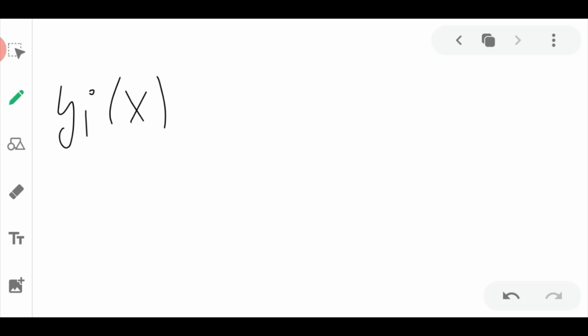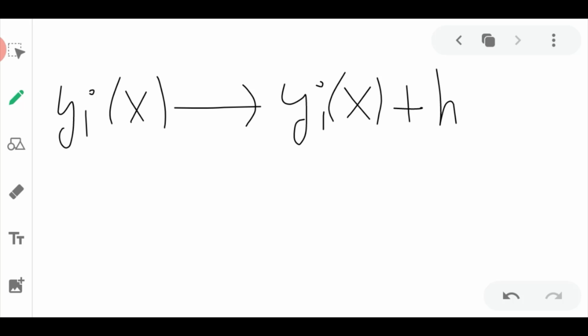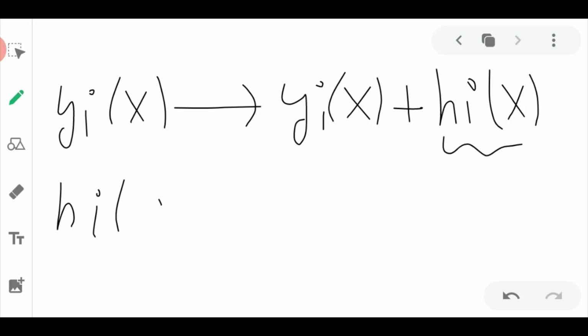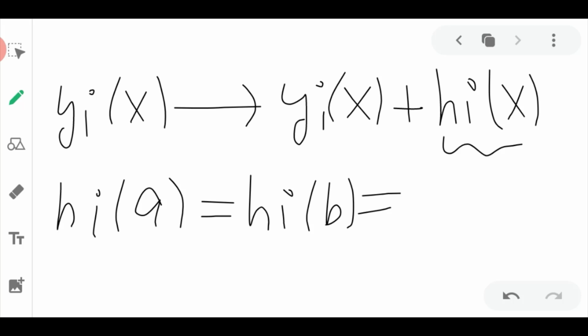Now we will vary it to y sub i of x plus h sub i of x, and we need to ensure that the new varied function also satisfies the boundary conditions, and for that we have the condition that h sub i of a is equal to h sub i of b, which is identically 0.